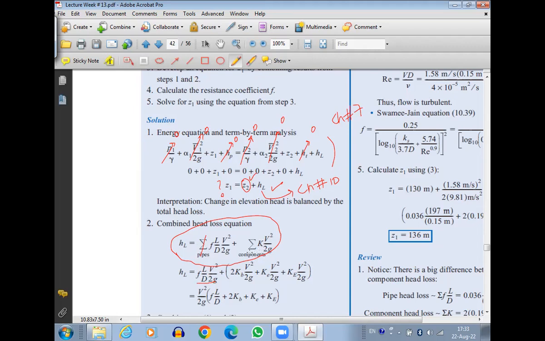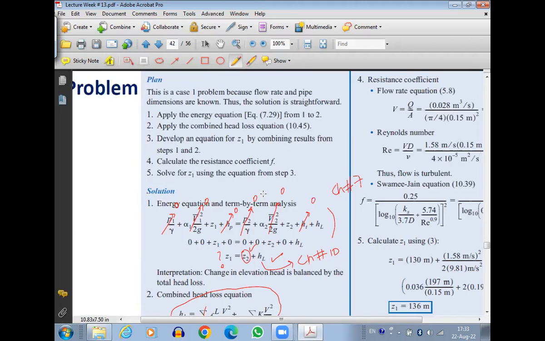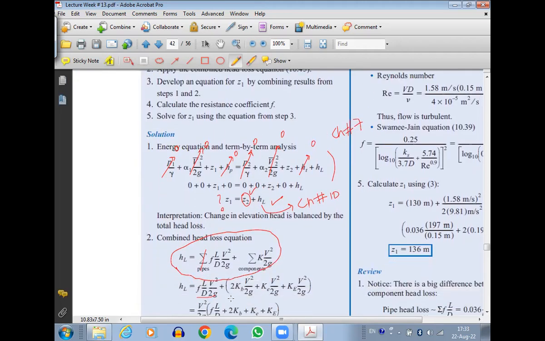We have 4 components here, as shown here. We have one entrance, one 90 degree bend, another 90 degree bend, and then an exit. So you have an entrance, an exit, and 2 bends of 90 degrees. Okay, so we can write it here like this. So these are for the case of 2 bends. So you'll have the loss coefficient for the case of bend, then for the case of entrance, then for the case of exit.